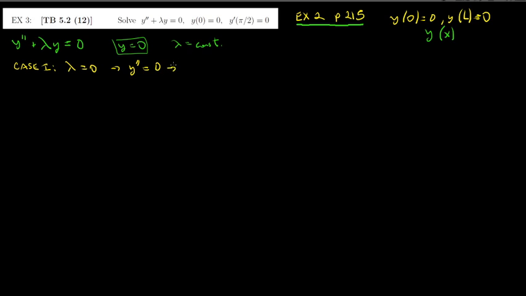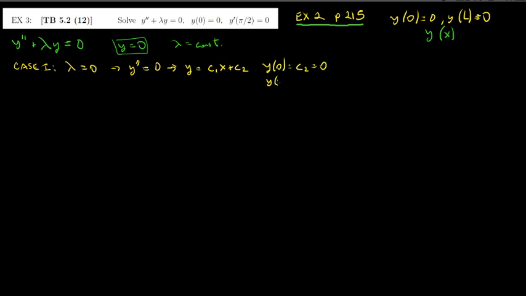And you can probably do that in your sleep, right? You integrate once and you just get a constant. You integrate twice and you get a constant times x plus c2. And so what do you get when you plug in 0? You just get c2, which is 0.